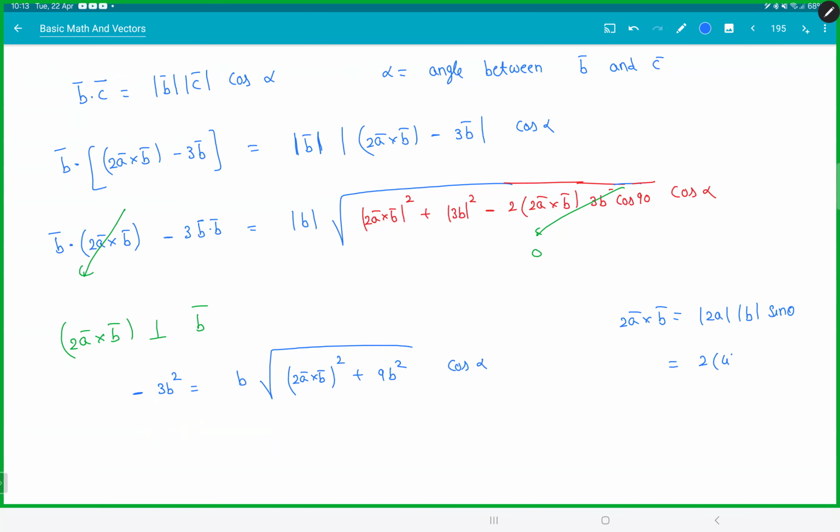So this is 2 into 4 into sine 60. That is root 3 by 2. So this is 4 root 3. Mod A is 1, mod B is 4. So this guy will be 1. B will cancel. Minus 3 into 4 square is equal to 4 into root over 4 root 3 square plus 9 into 4 square.